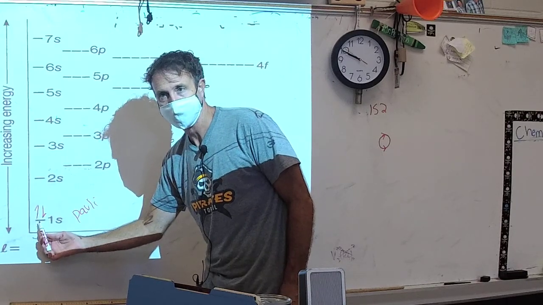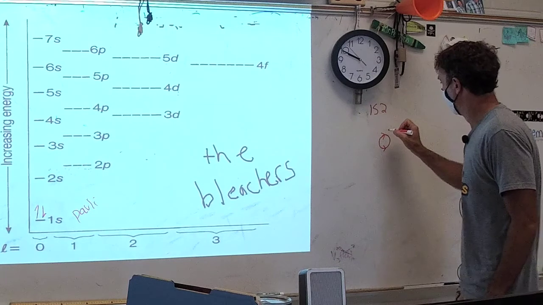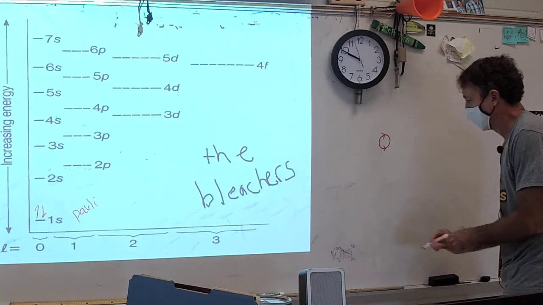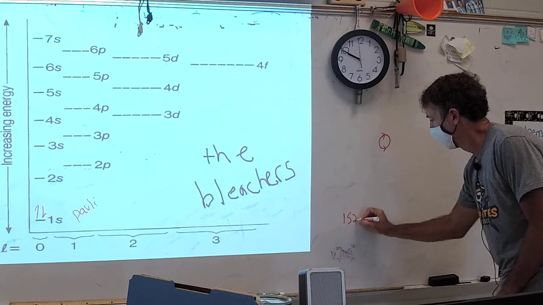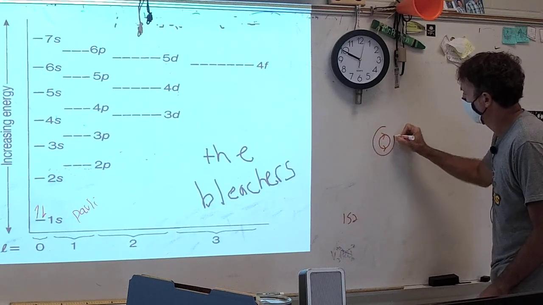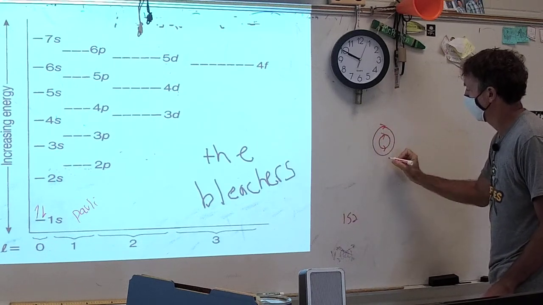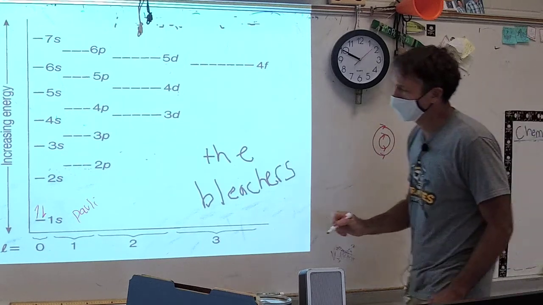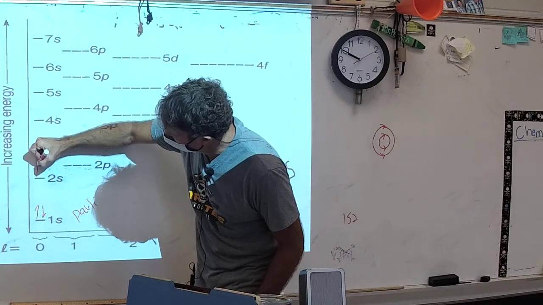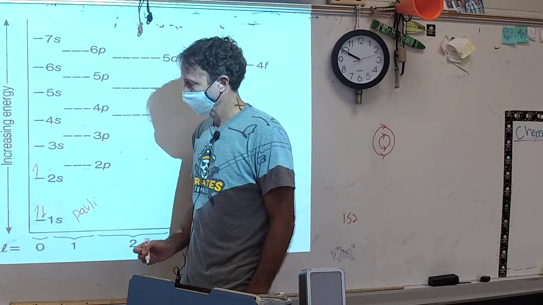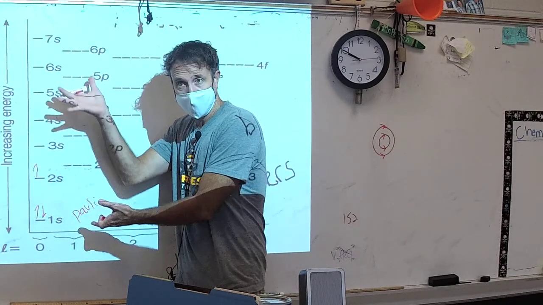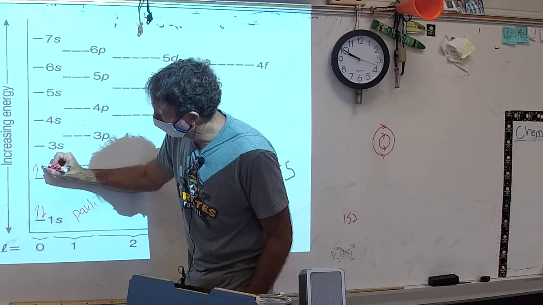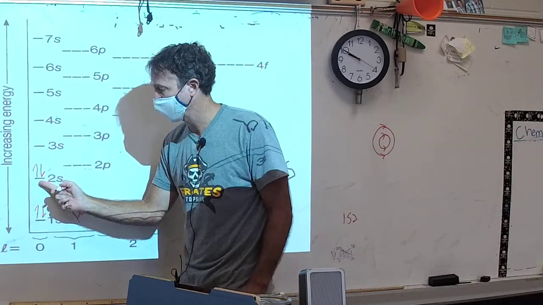Now, if I move on, I'm going to write my 1s2 down here so I've got room. I need a bigger circle. That is lithium. And then on the opposite on that s is beryllium. So check this out. If we were doing an electron level diagram of lithium, it would just look like this. And here's beryllium, opposite. Notice, two electrons.